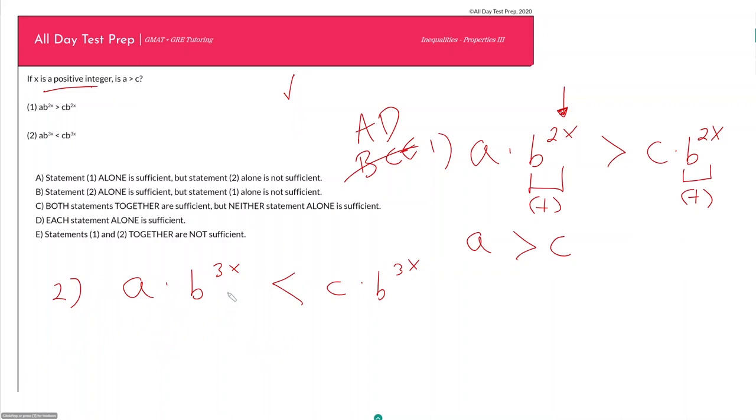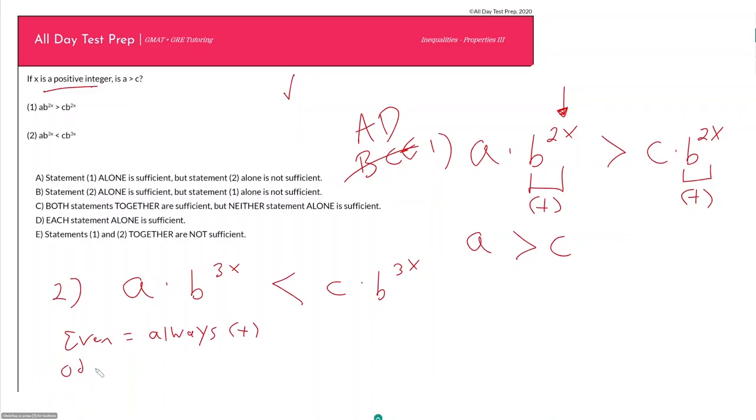So let's see, do I know the sign of b to the 3x? Now I know nothing about b, right? I know nothing about the base. The only thing I know something about is x, and all I know is x is a positive integer. So what that means is x can be even or odd, and therefore 3x can be even or odd, and b can be anything. And so even exponents or even powers are always positive if the base is not equal to 0.